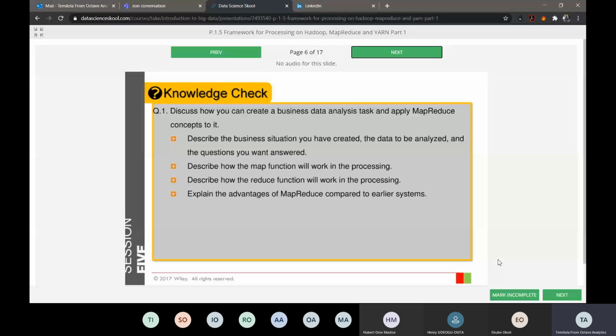That's very good. Okay, so I'm going to pick up your business situation, your business problem now, then answer this question. So your business situation is, we are data scientists that work with MTN Nigeria. The data to be analyzed is data concerning the consumption rates and demographics of our customers in Nigeria.